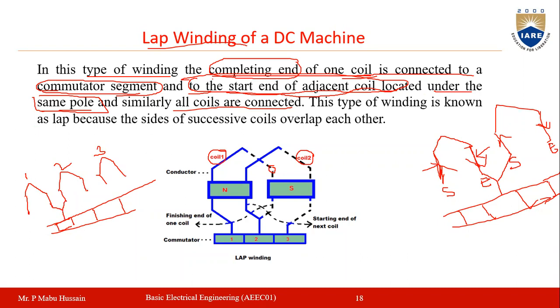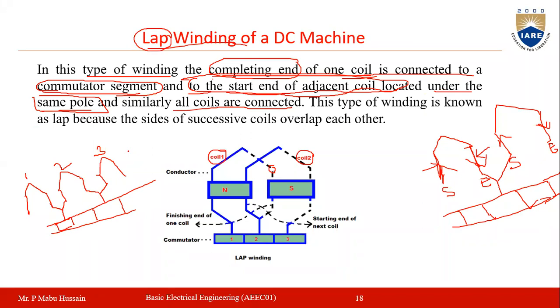Similarly, the completing end of the second coil and starting end of the third coil both are connected together and connected to the commutator segment, which is under the same pole, like this. So the winding will be connected. Such type of winding is called the lap winding. Sorry, not wave winding, this is the lap winding.